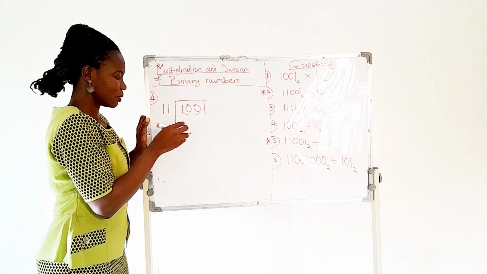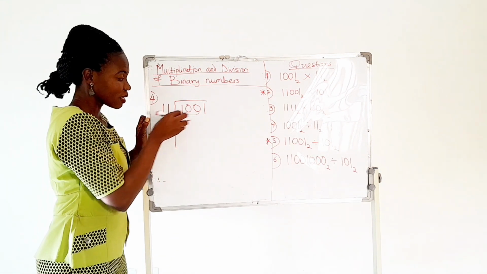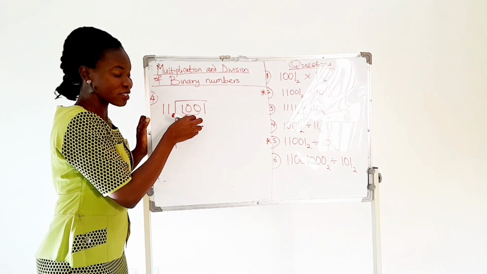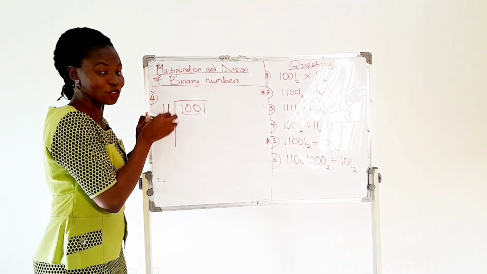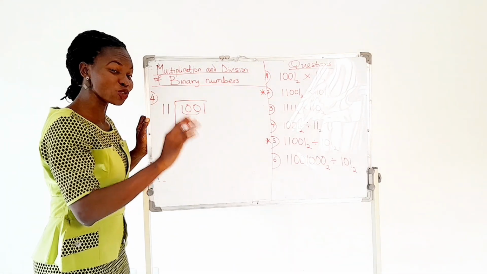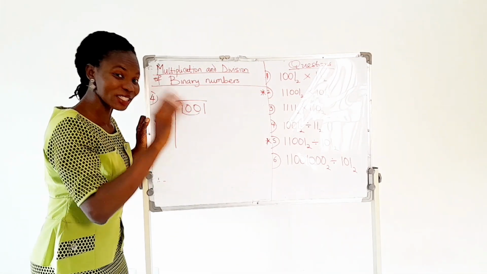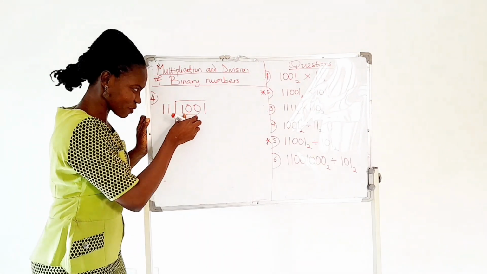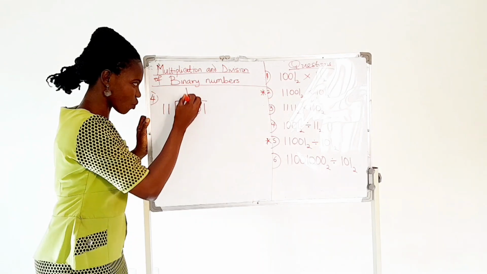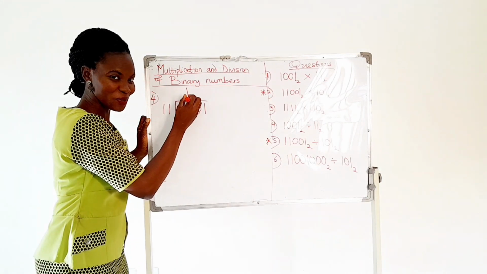Is that clear? Okay, so can 1, 1 divide 1, 0, 0? Yes, it can, because this number is bigger than it, so it means it can. So our only question is can it or cannot. If it can, 1. If it cannot, 0. So since 1, 1 can divide 1, 0, 0, we have 1. I hope you're following me.